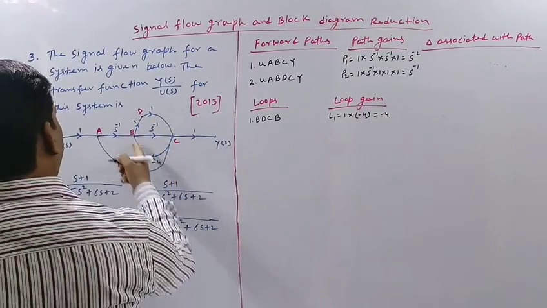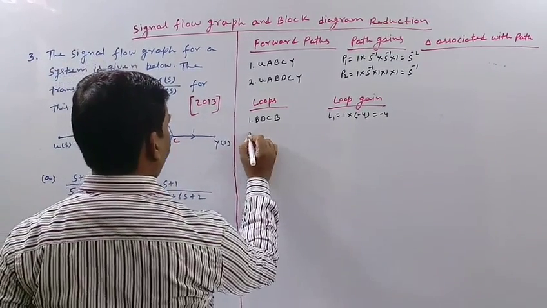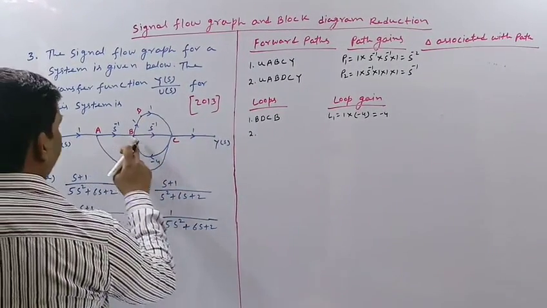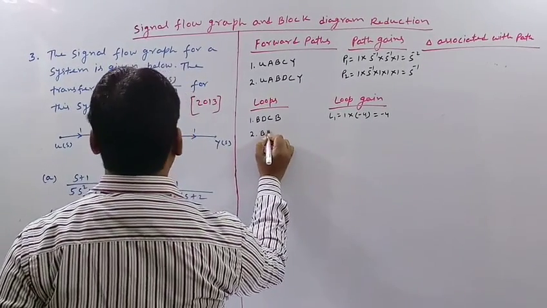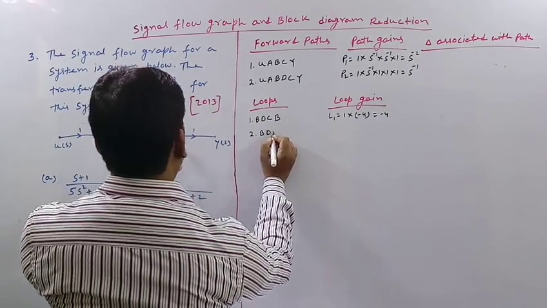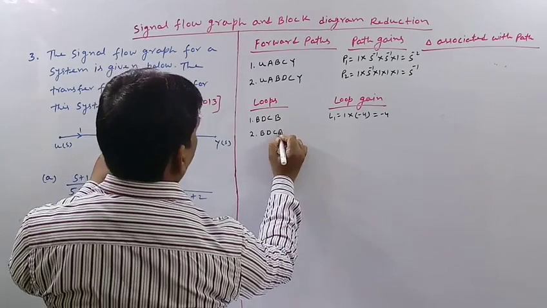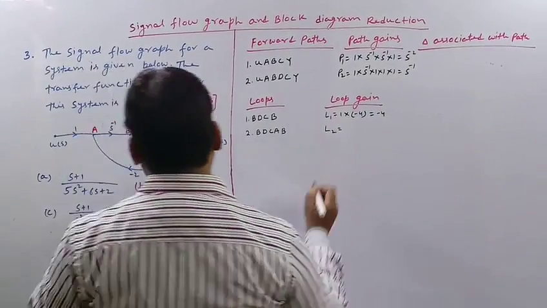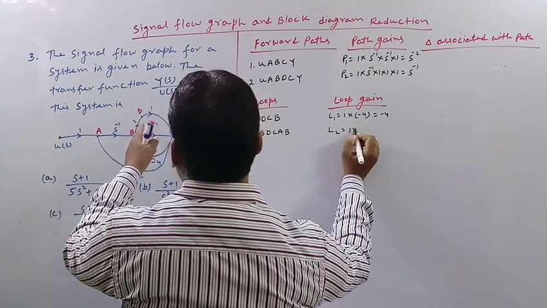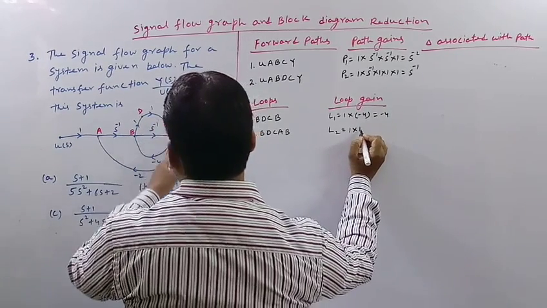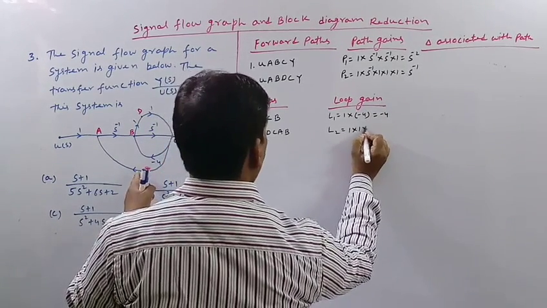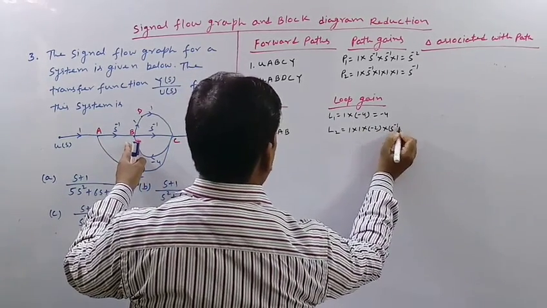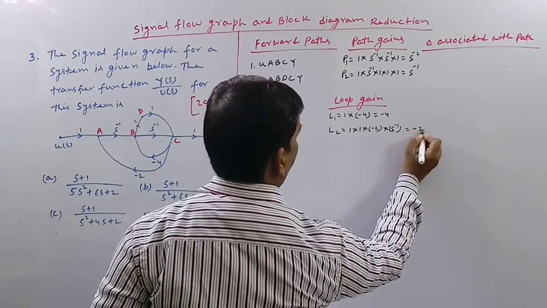The second loop will be B, D, C, A, B, and let us write the loop gain as L2. Here it will be 1 multiplied by minus 2 multiplied by s to the power minus 1, so it will be minus 2 s to the power minus 1.